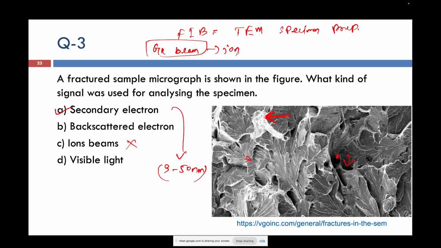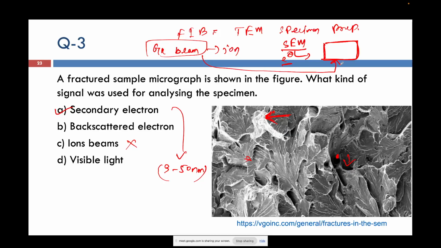So to view, focused ion beam is generally equipped with an SEM. What is the job of the SEM? Through electrons, you view the area that you want to measure something or take out some sample for the TEM. So you view the area through electrons, you cut the area through ions.